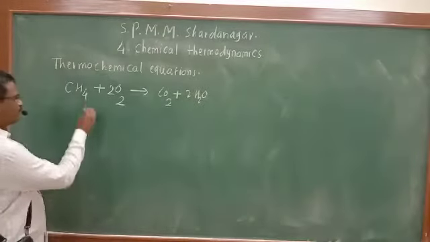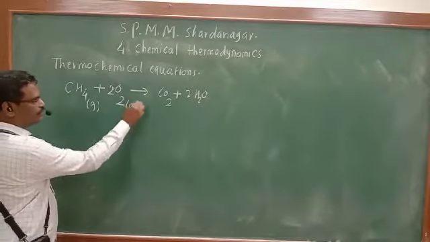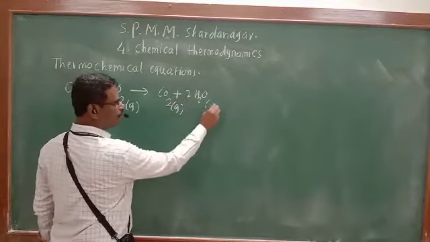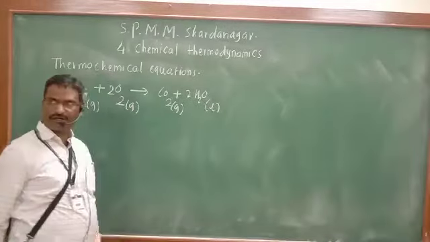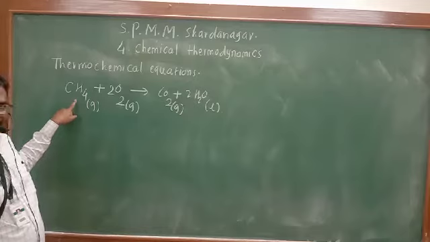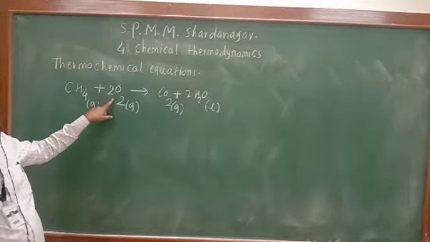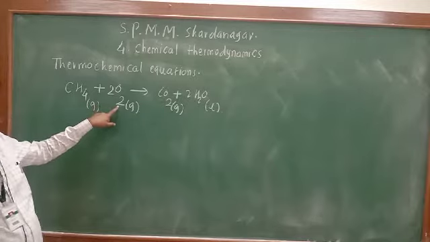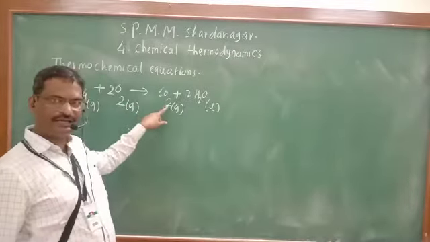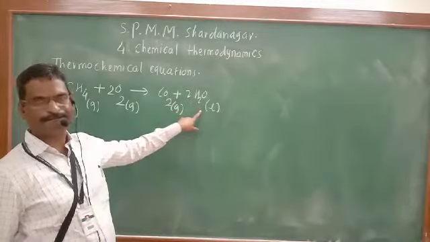But if I write CH4(g), O2(g), CO2(g), H2O(l), what does it mean? 1 mole of methane in a gaseous state reacts with 2 moles of oxygen in a gaseous state to form 1 mole of carbon dioxide in gaseous state and 2 moles of water in the liquid state.